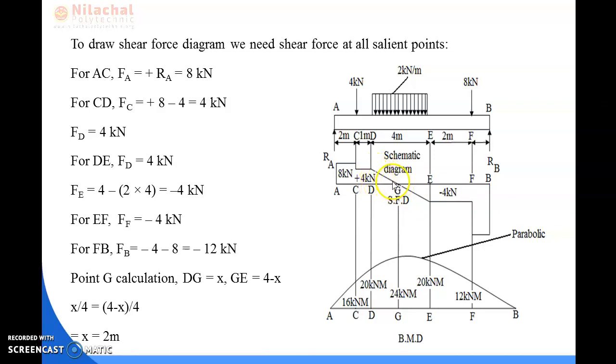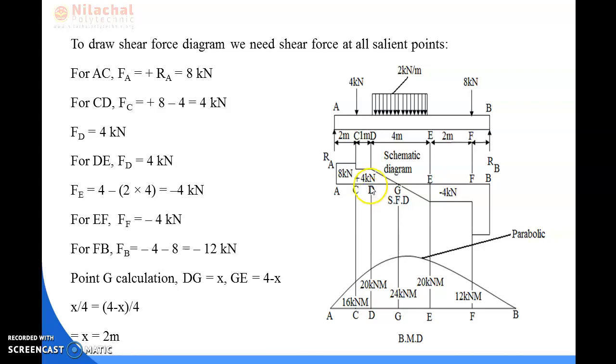So you can see from this point G towards the left side, this section looks like a triangle at the upper side. Again, at the lower side you can see this portion of the section looks like a triangle. So with the help of these two triangles, we can find out the distance of G from any support of the beam.